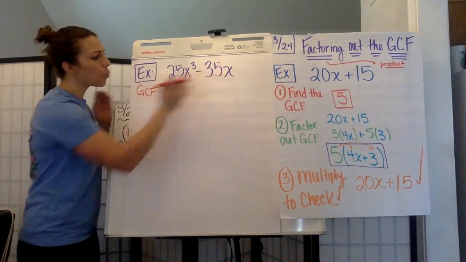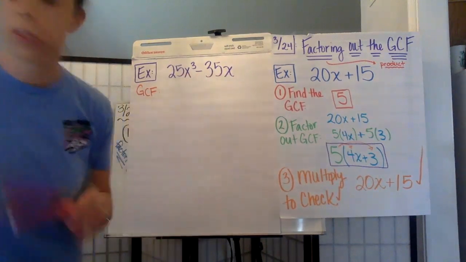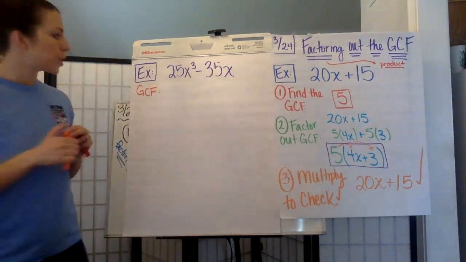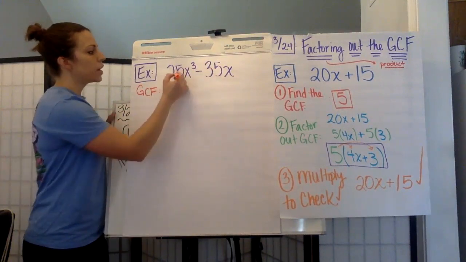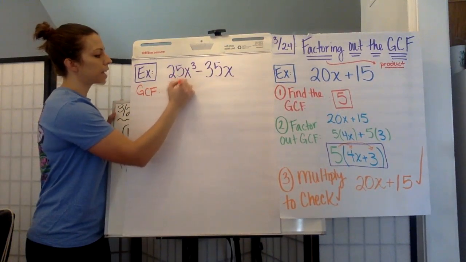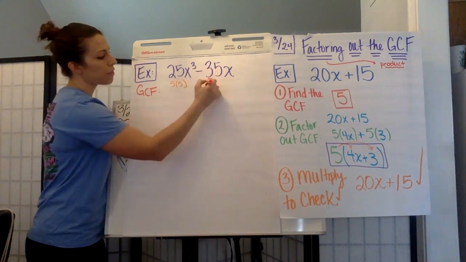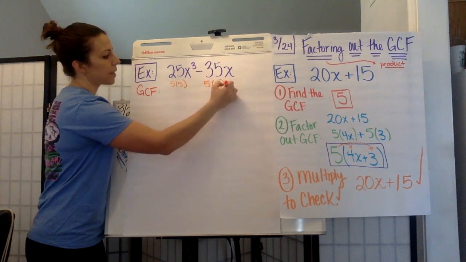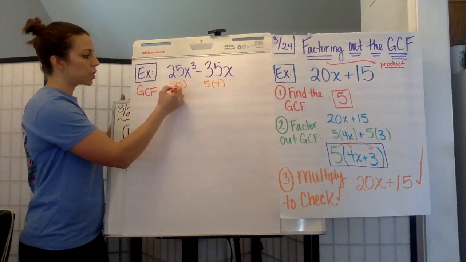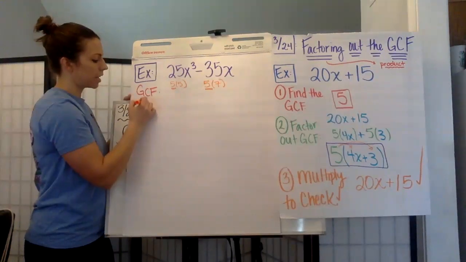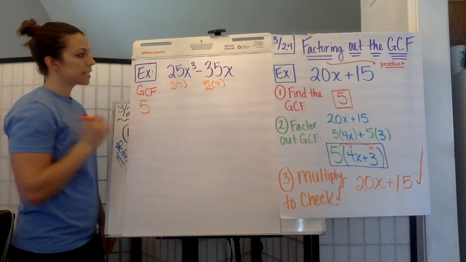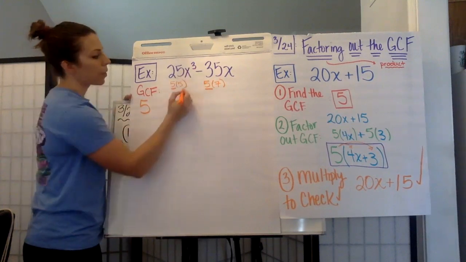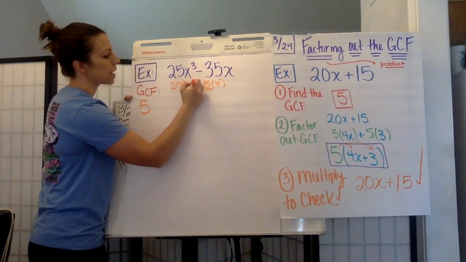Okay, what number goes into both 25 and 35? They both end with a 5, so that kind of stands out to me. 25 I know is 5 times 5, and 35 I know is 5 times 7. So that means my GCF is going to contain 5. Now what about the x's? Well, x to the 3rd power simply means x times x times x.